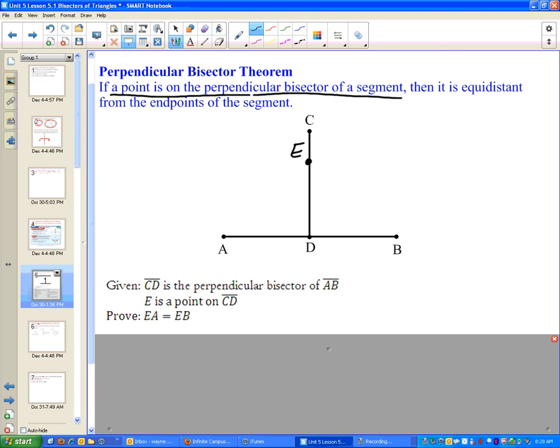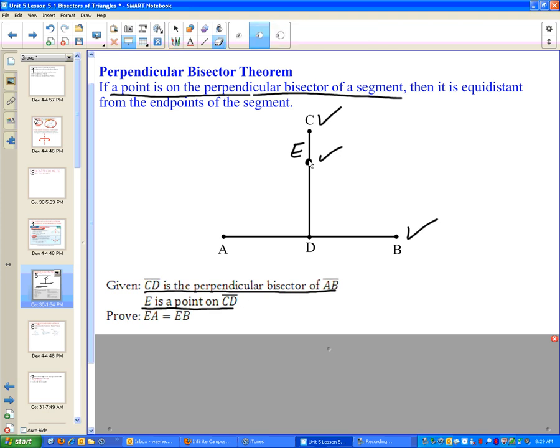Okay? So, our hypothesis is a point is on the perpendicular bisector of a segment. To get a point on the perpendicular bisector of a segment, I first needed a segment, AB, I needed its perpendicular bisector, CD, and then I needed a point on that perpendicular bisector, E. All right? So, I needed to know that segment CD is the perpendicular bisector of segment AB. I needed to know that E is on that perpendicular bisector.